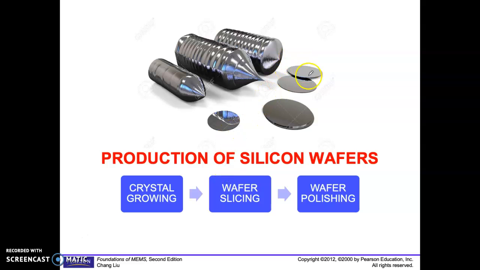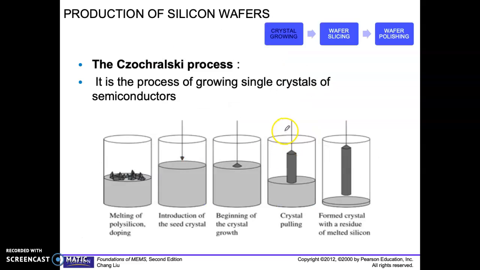Okay, since silicon wafer is the most chosen substrate for MEMS device, let's see how the silicon wafers are produced. It's actually a crystal. This is a silicon ingot, we call it. We cut it into dice, so it becomes like a wafer. This is what we call wafer slicing and polishing.